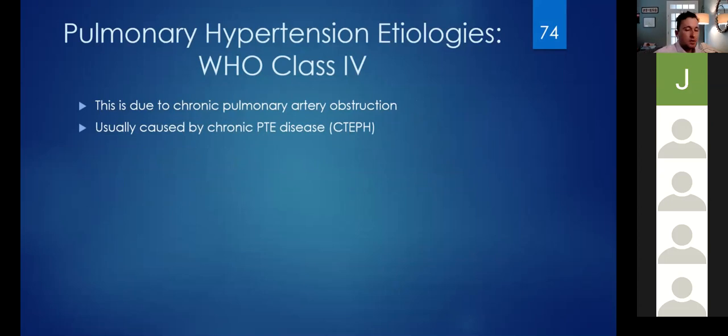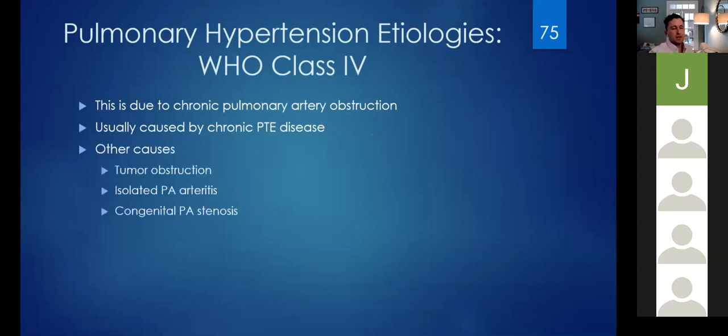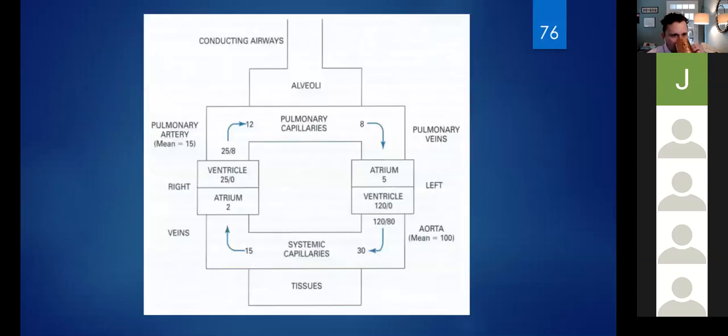Now, there are other etiologies that fall into this classification, but these aren't near as common. But you can have tumor obstruction of the pulmonary artery, isolated arteritis in the pulmonary artery, or some congenital issues. But usually, if you see class 4, you should be thinking chronic embolic disease. So again, our problem is going to be here.